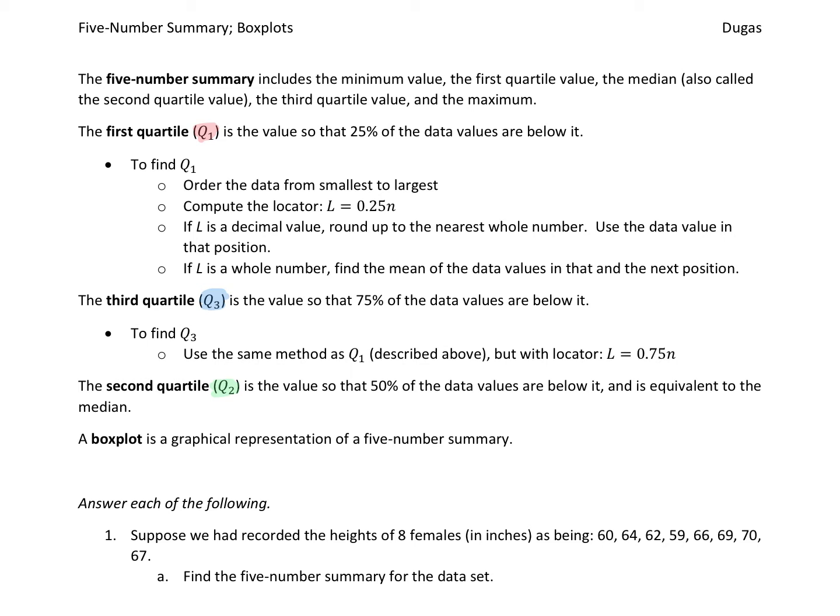So the middle of the bottom half is the first quartile, and the middle of the top half is the third quartile. So again, the first quartile has 25% of the data below it, the second quartile has 50% of the data below it, and the third quartile has 75% of the data below it. You can use that information to graph a box plot.